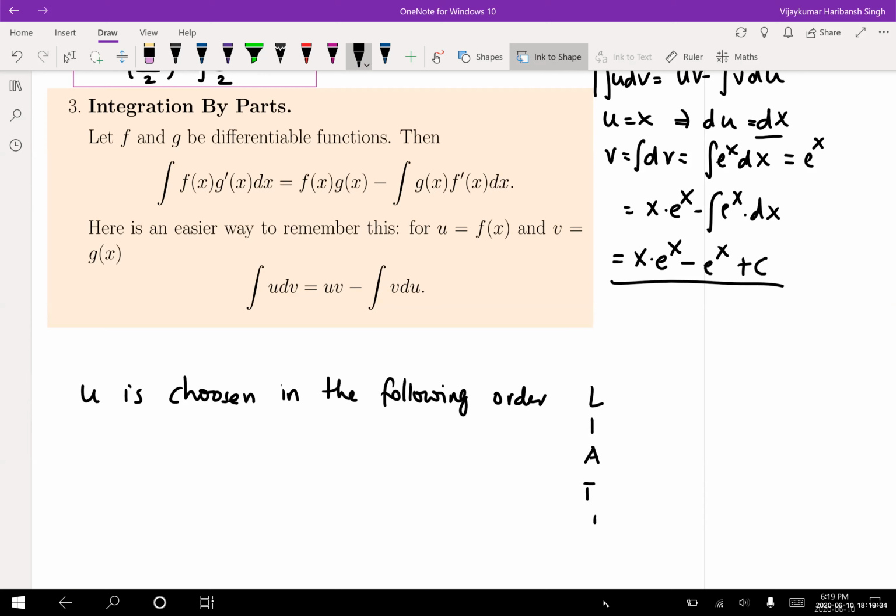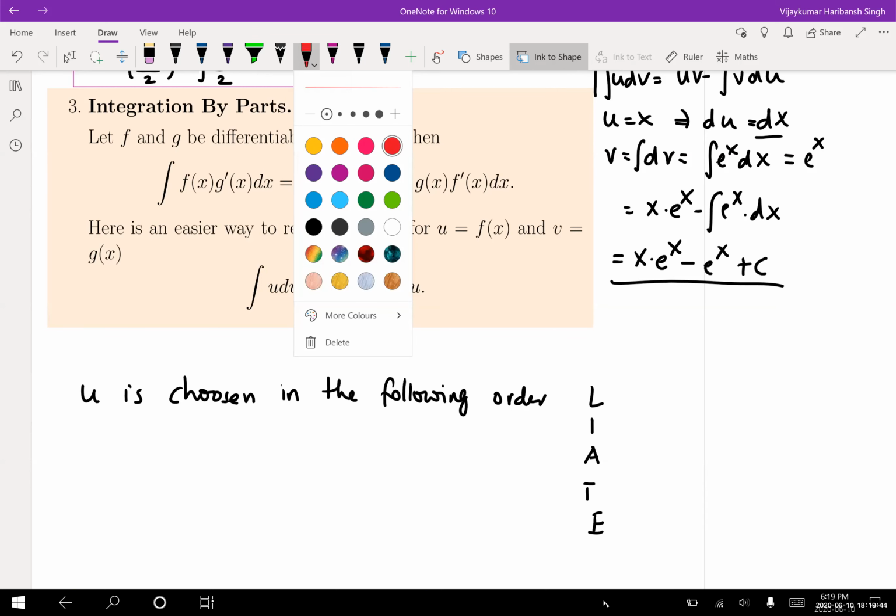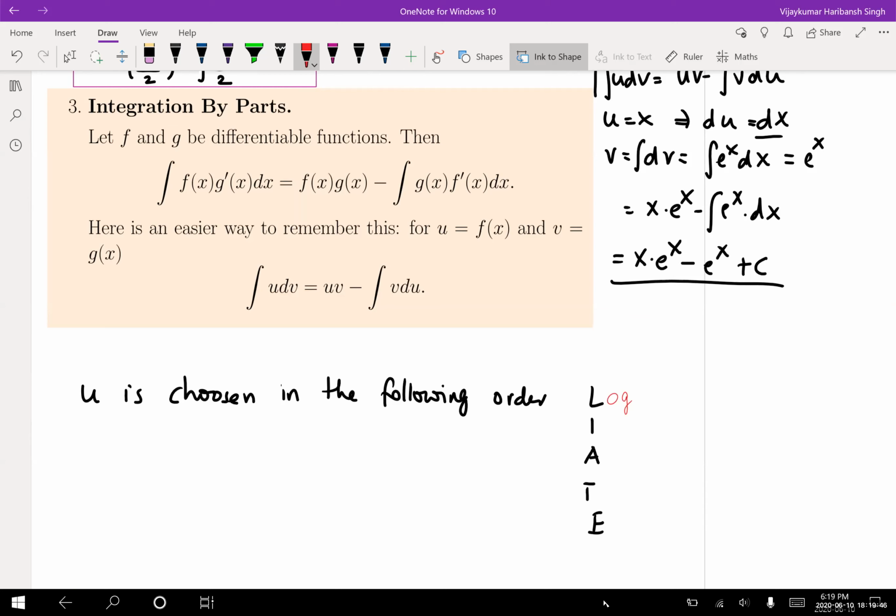LIATE. L stands for log, like log of x base a. I stands for inverse, like sine inverse, tan inverse, etc. A stands for algebraic, which is x squared, x cubed, and so on.